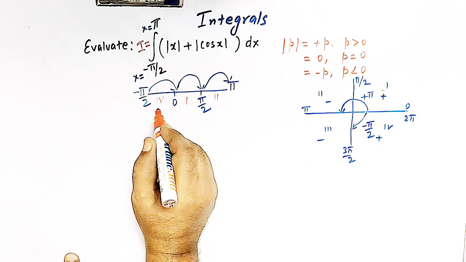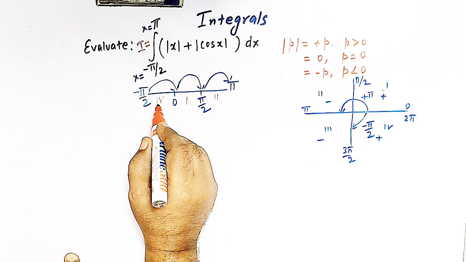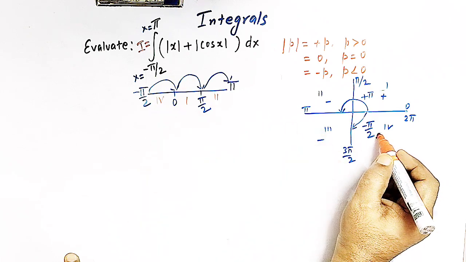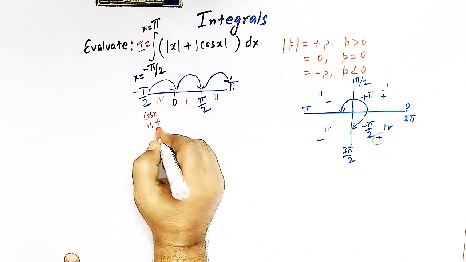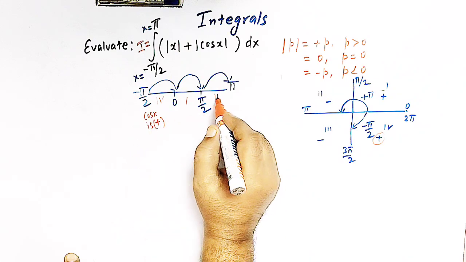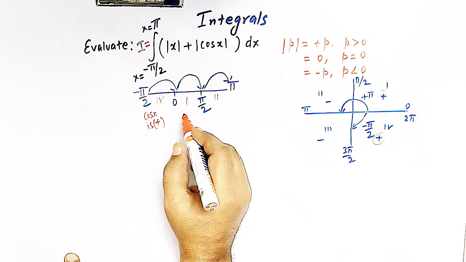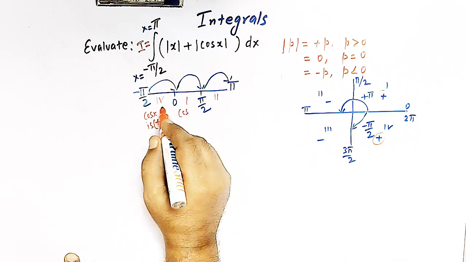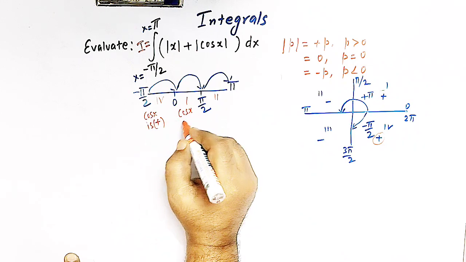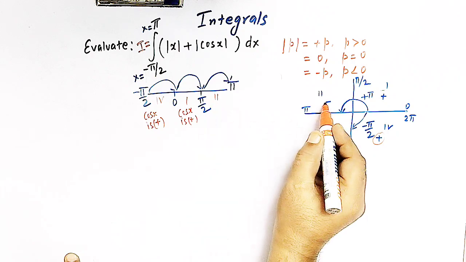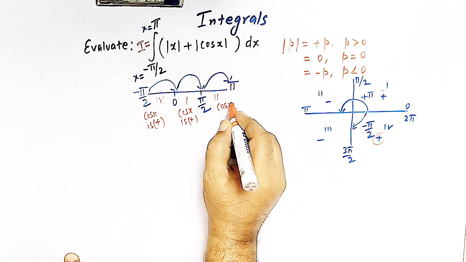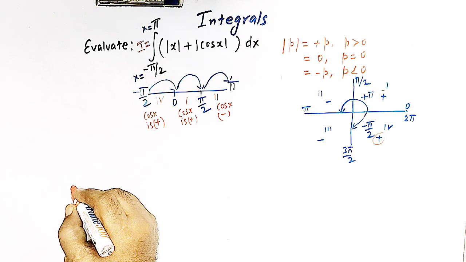And remember, when we are in the fourth quadrant, the cosine function is positive, cos x is positive, and when we are in the first quadrant, cosine function is positive, and when we are in the second quadrant, the cosine function is negative, right?